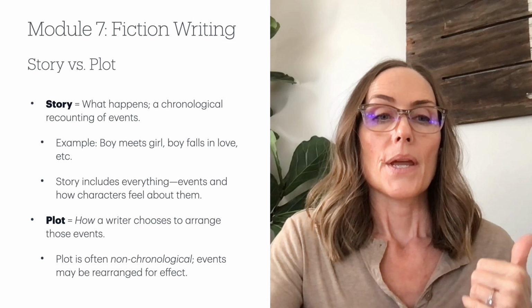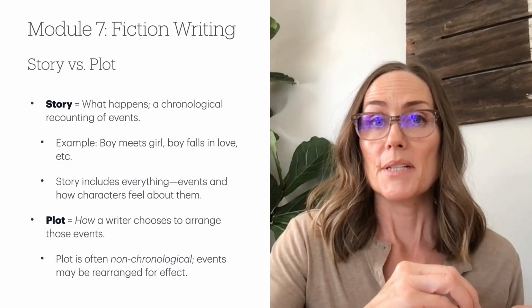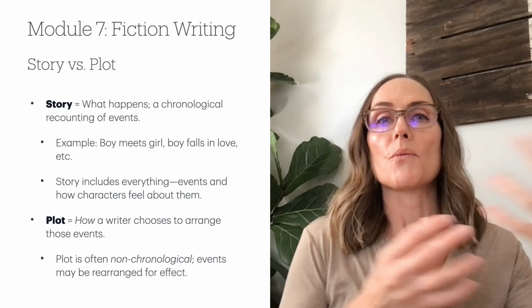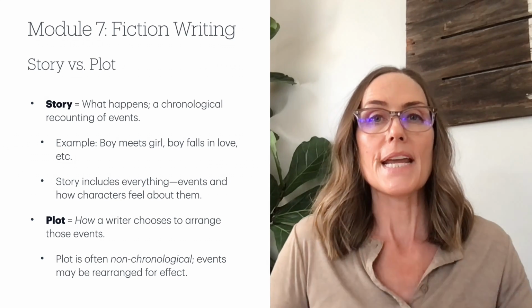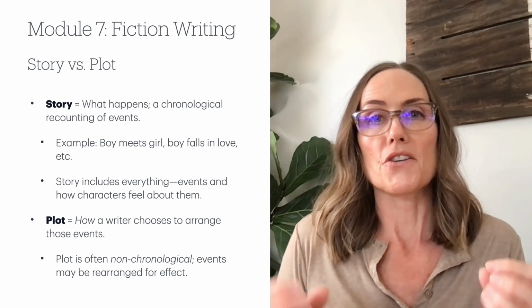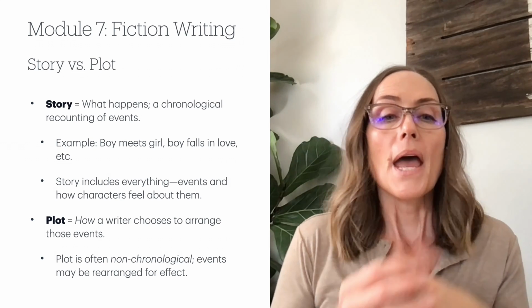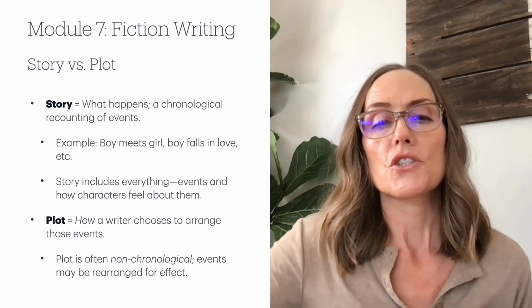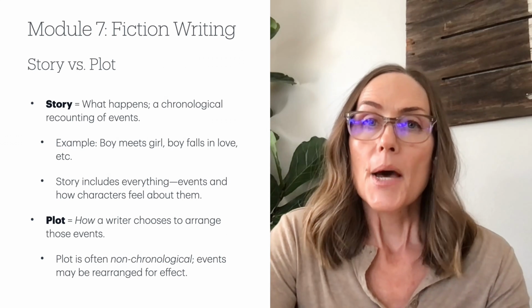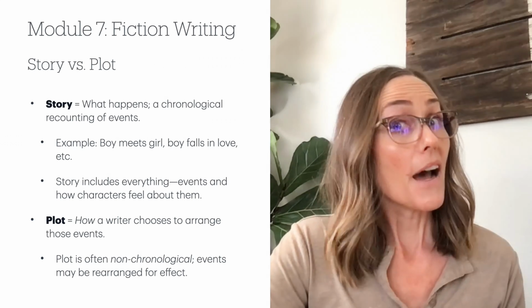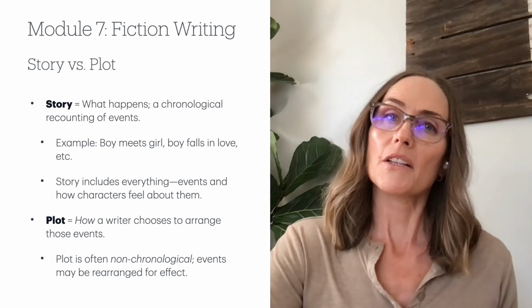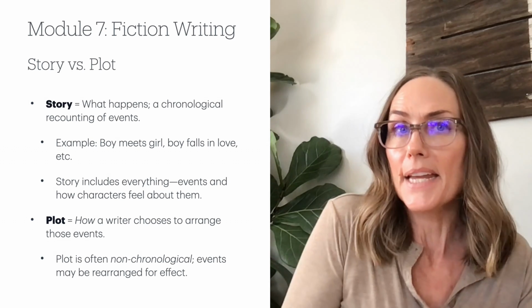Now, plot is a little bit different. Plot is what we actually do when we're writing the fiction, when we're creating our piece of art from the story. So, plot is how a writer chooses to arrange those events. Plot is often non chronological. We don't always tell a story from beginning to end.